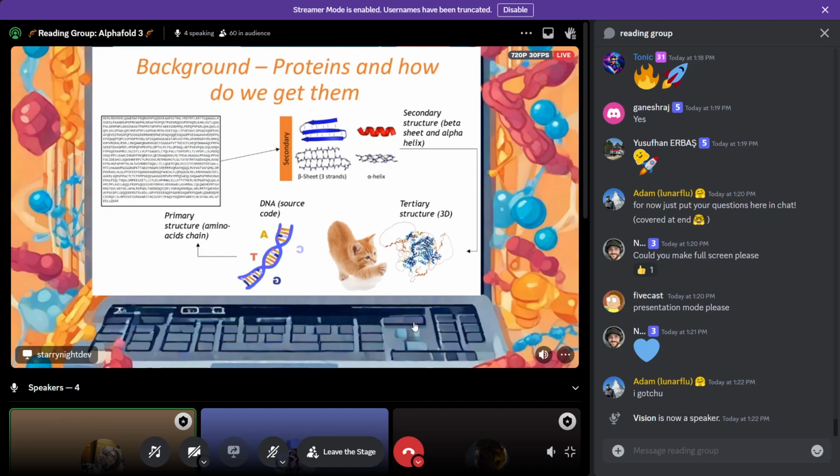Just so you know, these are the most common secondary structures. There are plenty of others, we will not discuss them. But this is the basic way in which proteins get from the primary structure to the mostly 3D, but also partially 2D structure in the secondary portion.